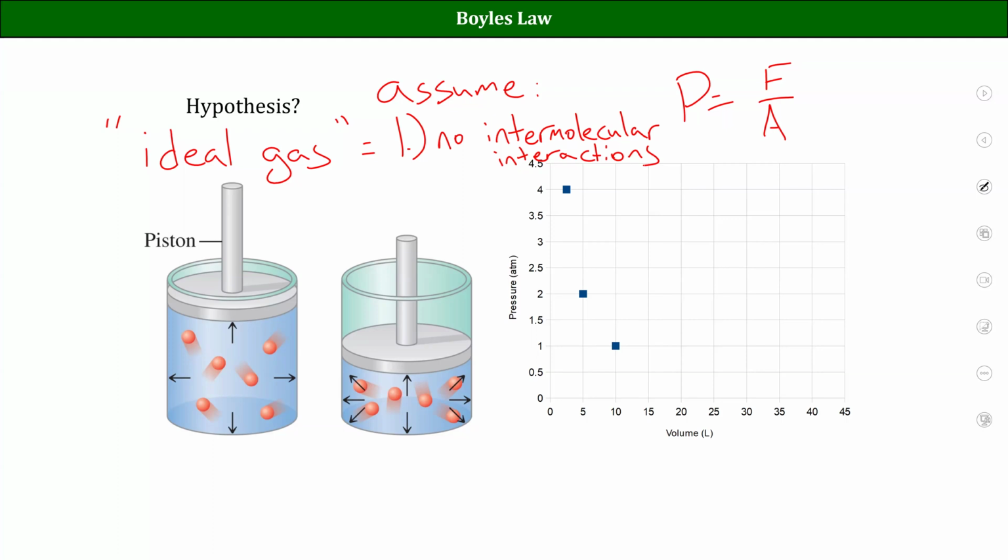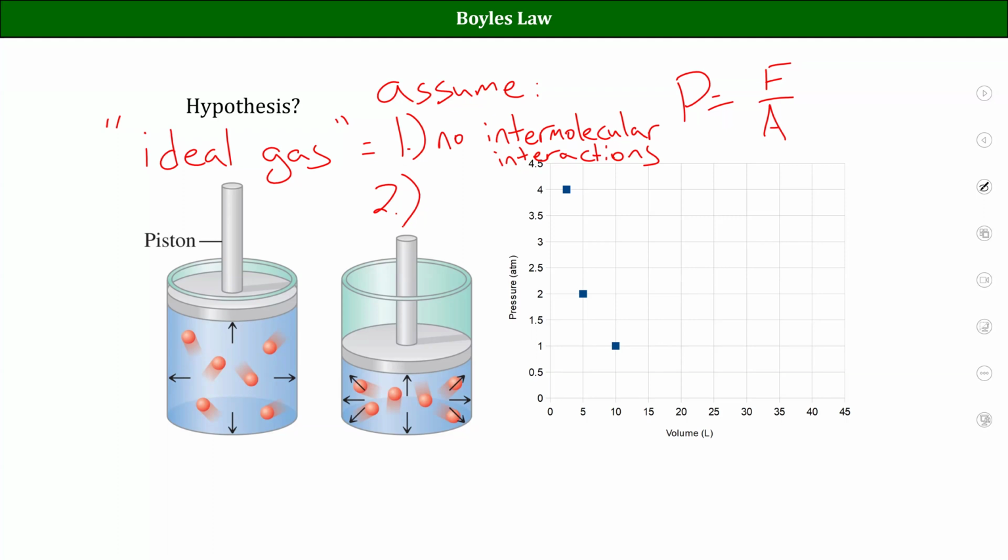The other assumption that we make, well, let's think about it. If we're assuming no phase changes, we can keep this going forever, right? But could we ever actually get to a volume of 0? If we keep cutting our volume in half, and in half, and in half, we'll never get to 0, right? Every time we cut our volume in half, the pressure doubles.